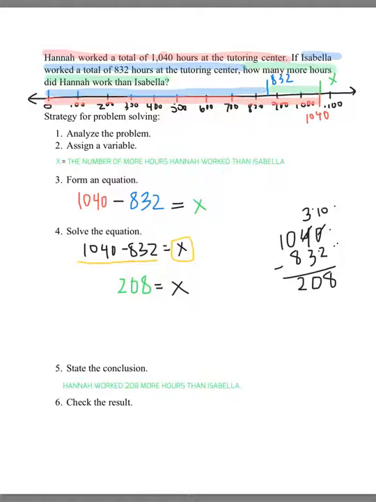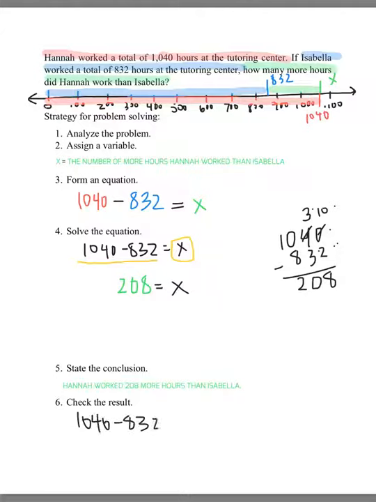Now the last step is to go ahead and check the result. So let's just go ahead and start off with the original equation when checking the result. So we'll have 1040 minus 832 is equal to x. However, we already know that x is equal to 208, which was found in step 4. So now on the left-hand side, all we need to do is simplify the 1040 minus 832.